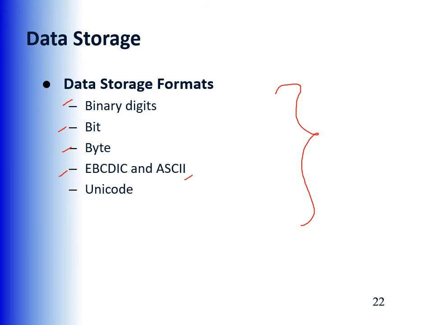These two storage formats require 8 bits or 1 byte for each character. Unicode is a more recent coding standard that uses 2 bytes per character rather than 1.